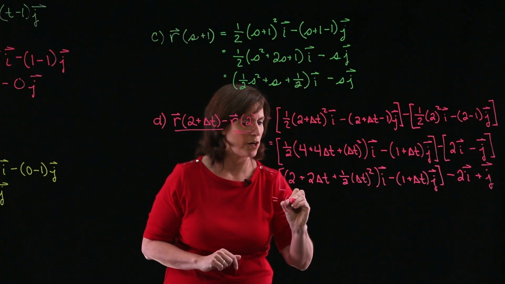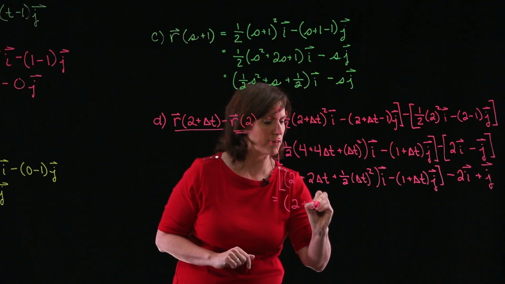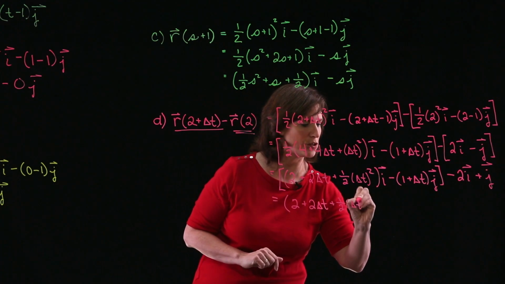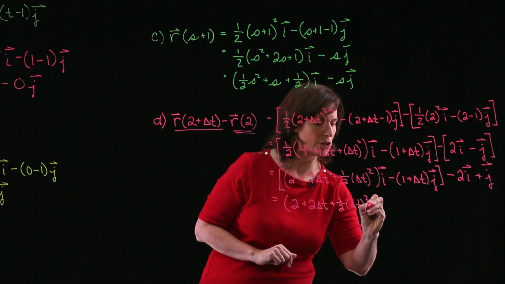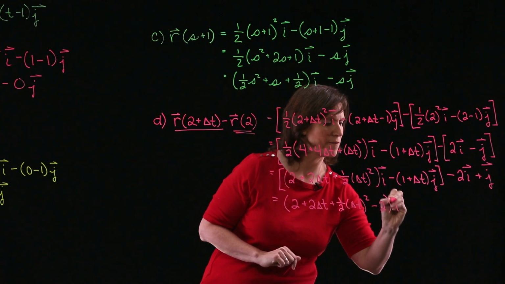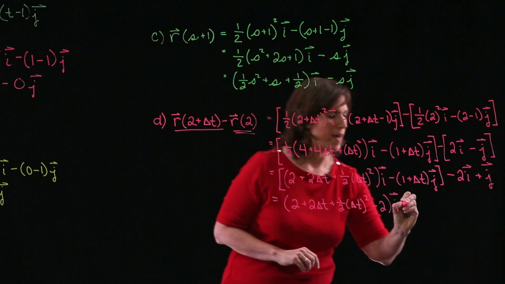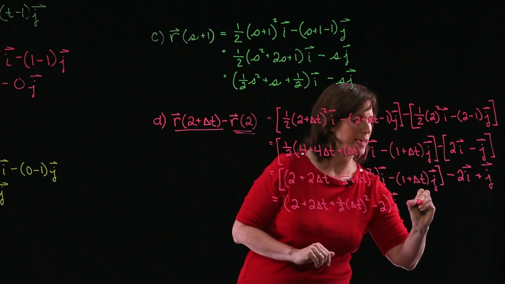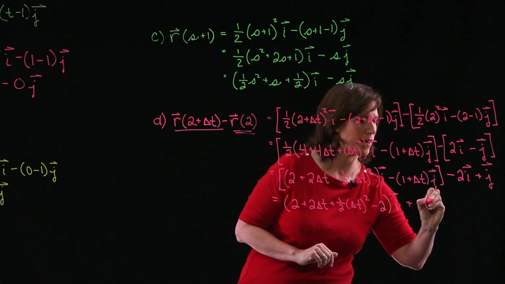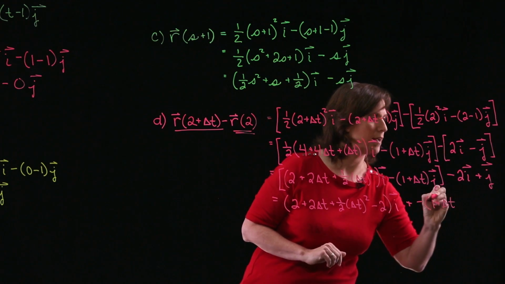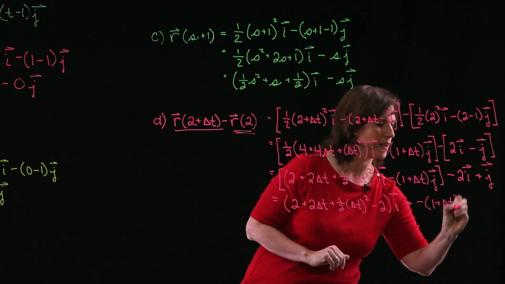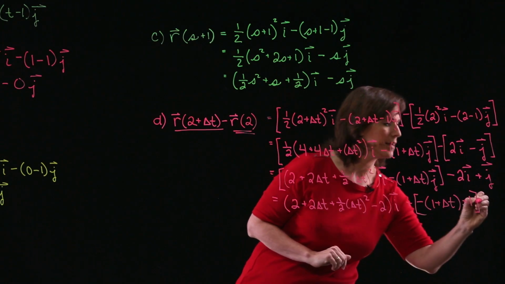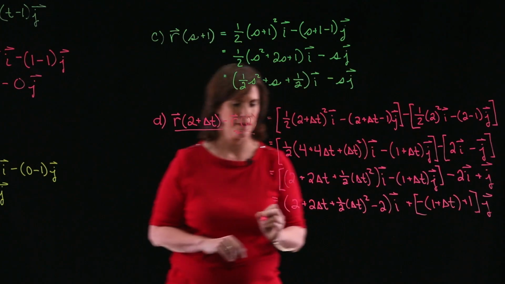So I'm going to have 2 plus 2 delta t plus 1/2 delta t squared minus 2 times my vector i. And then I'm going to add to that a minus the quantity 1 plus delta t, plus 1, all right, times my vector j.